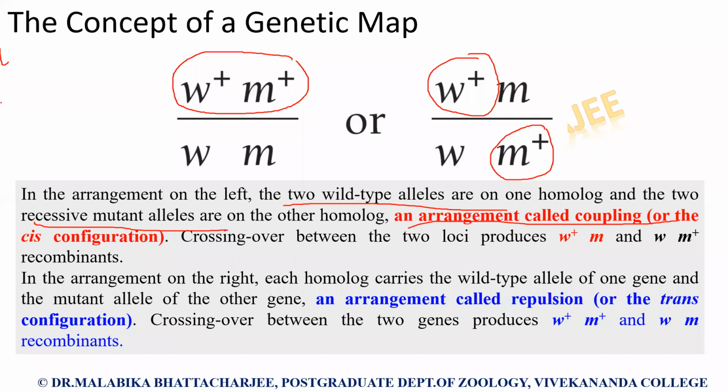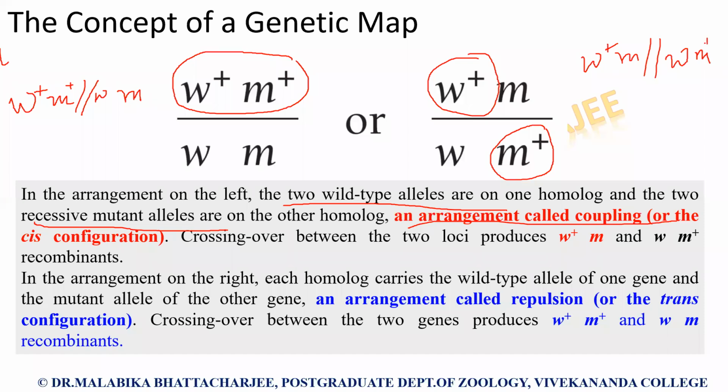There's another thing to be noted here: genes can be written in this form as I showed, or in this form as I'm showing you right now. This is how we also write in genes, a double slash. For this one, we might write it as W plus M slash W M plus.